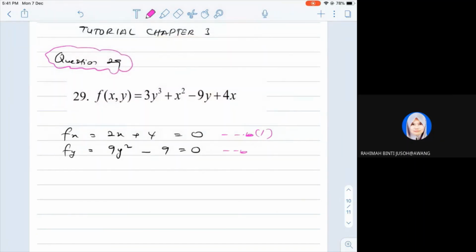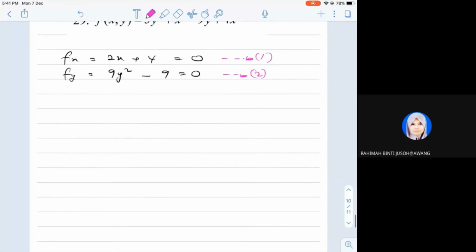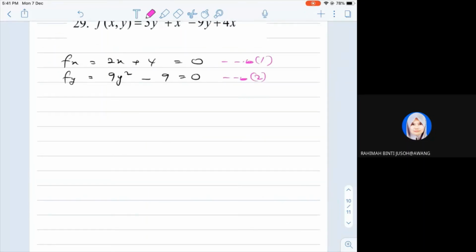Okay, so we have this. Alright. So now, okay guys, for this question, very simple lah juga. Silap saya ambil soalan ni, tak apalah, teruskan je. So from 1, 2x plus 4 equals to 0, therefore x equals to negative 2. And then from 2, 9y squared minus 9 equals to 0, so y squared equals to 1.